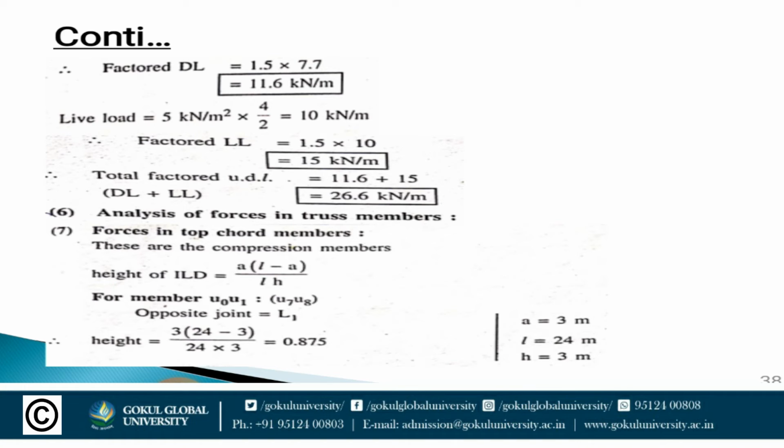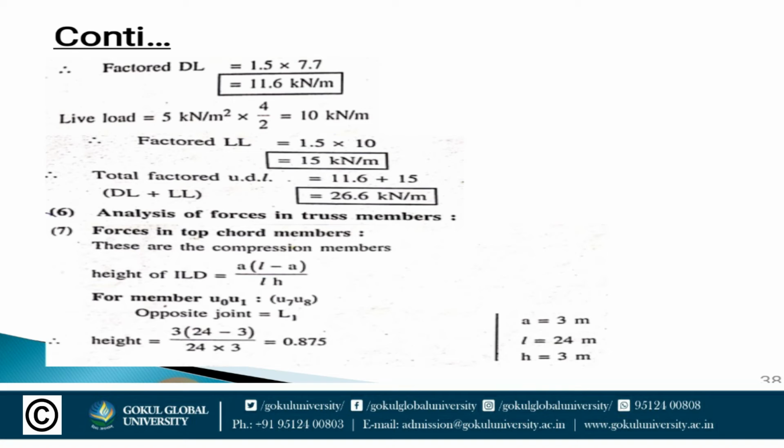It is a compressive member. The height of ILD, influence line diagram, is equal to A multiplied by (L minus A) divided by L, into H. For the member U0 U1, we can identify the height of ILD. It is 3 multiplied by (24 minus 3) divided by 24, multiplied by 3.